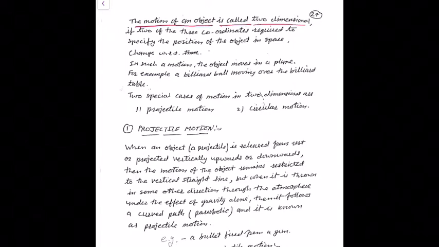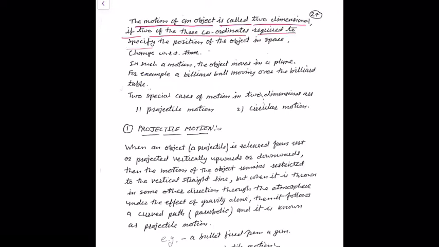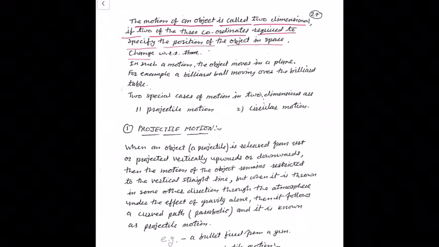The motion of an object is called two-dimensional if two of the three coordinates required to specify the position of the object in space change with respect to time.